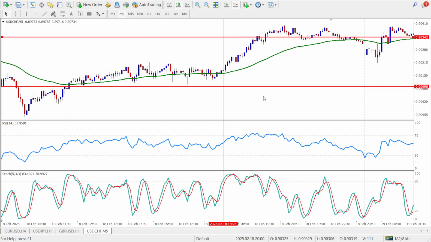Now, one thing with scalping is that in some cases, you might not always have the best risk to reward ratio. The reason is that scalping is fast paced and you will be exiting quickly.